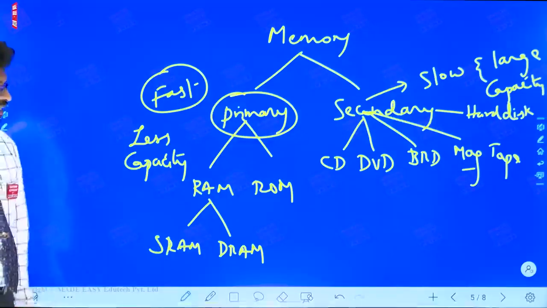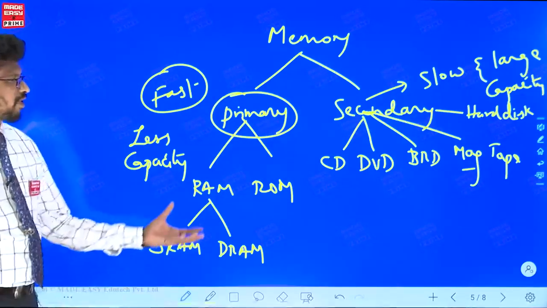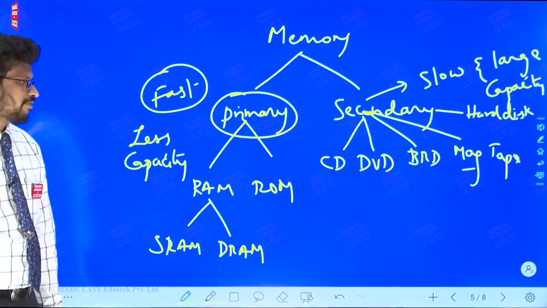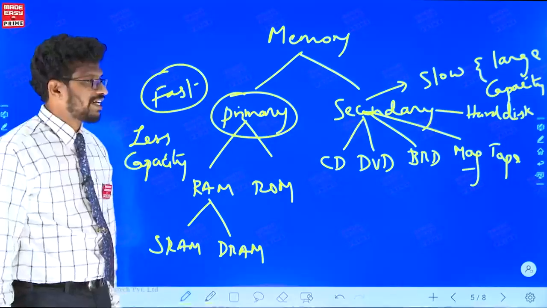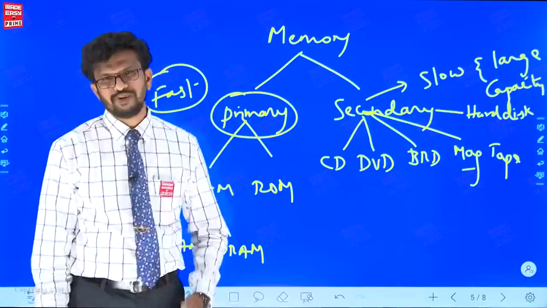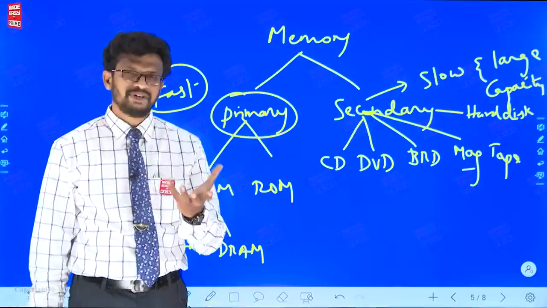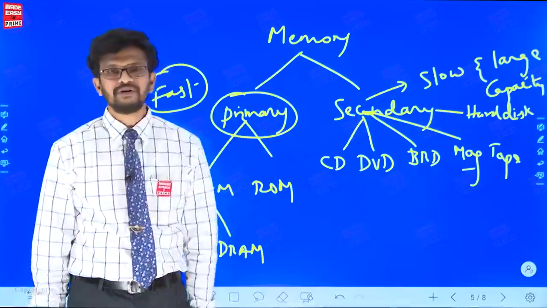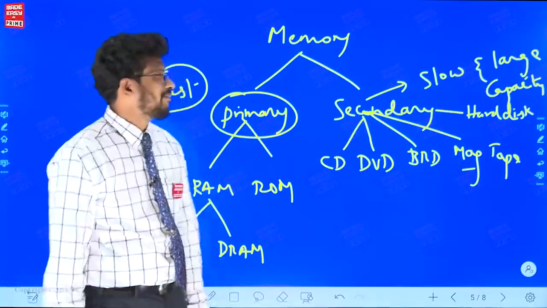But later, in the latest computer era, we have gone for very high capacity solid state devices. Hard disks are nowadays made up of solid state devices, very small and compact, and even 1 TB and 2 TB are available.